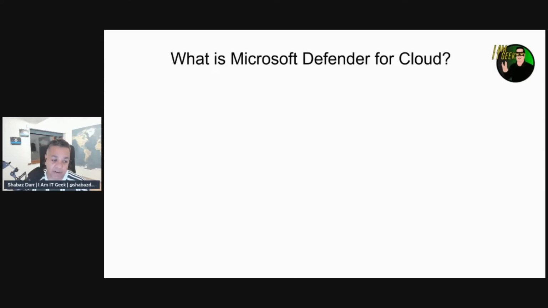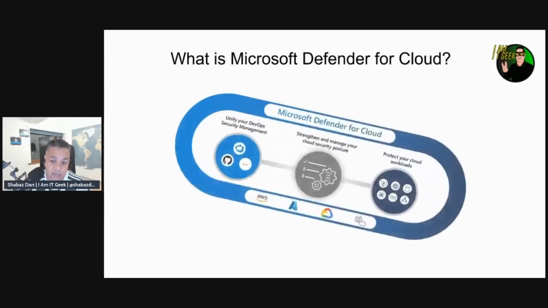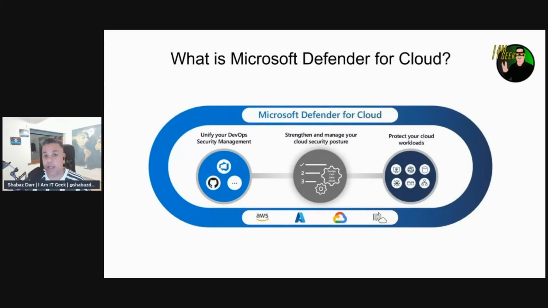So what is Microsoft Defender for Cloud? First of all, I suppose we need to ask. This is again a really interesting image that I got from Microsoft Learn. Big shout out to Microsoft Learn, thank you. It's a development security operations, or DevSecOps, solution, and it unifies security management at the code level across multi-cloud. As we can see, we've got AWS, Azure, Google Cloud, and on-premises at the bottom of that diagram.